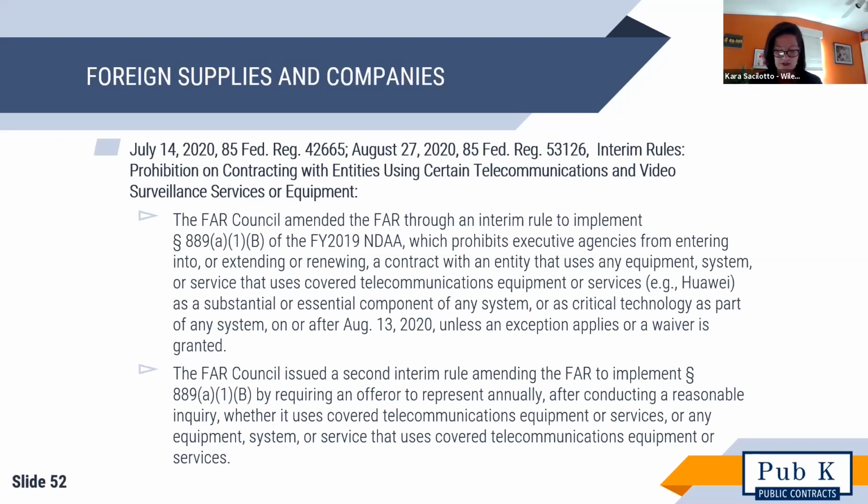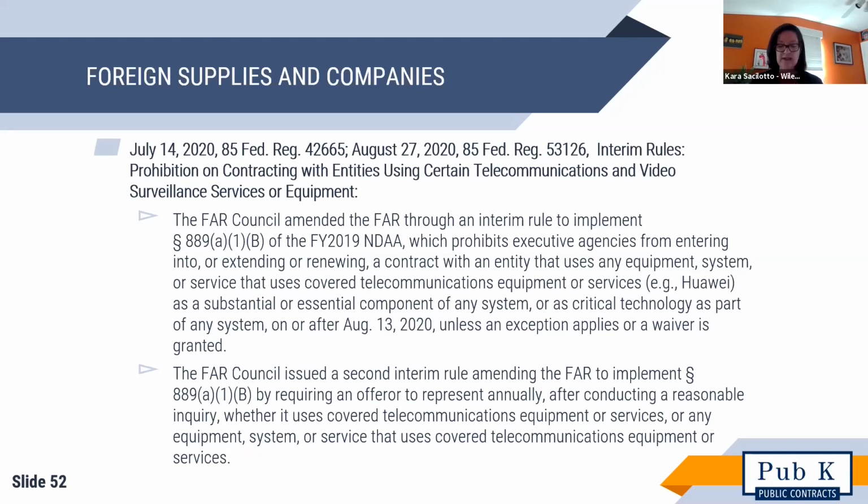In a nutshell, section 889 covers certain telecom equipment and services produced and provided by certain telecommunications companies, and also video surveillance equipment by certain identified Chinese companies. The most notable company subject to the 889 restrictions is Huawei, a telecommunications company.